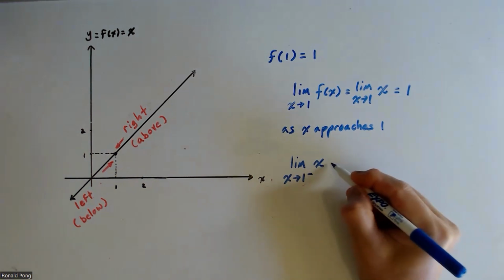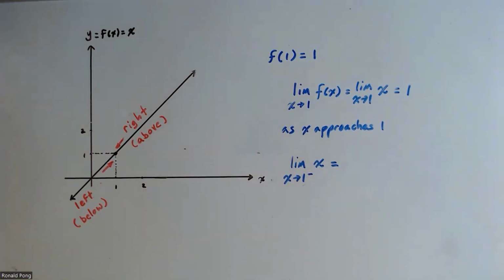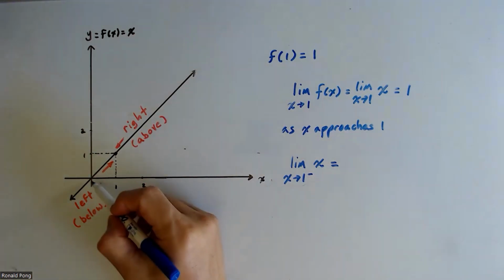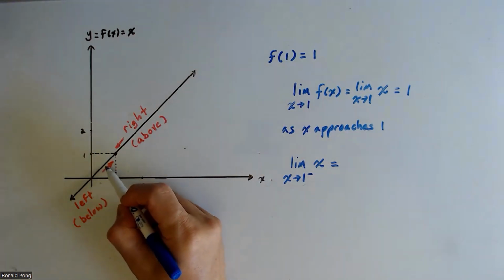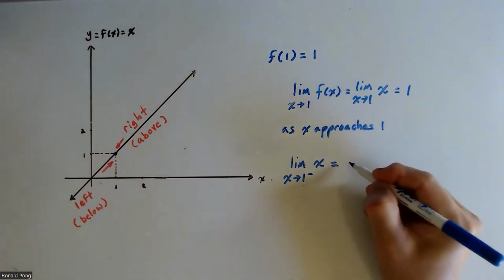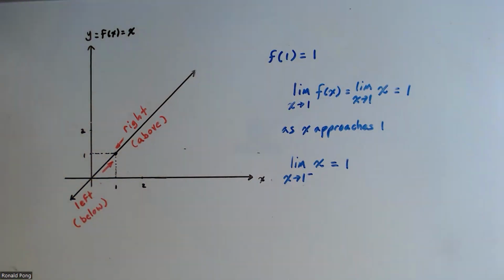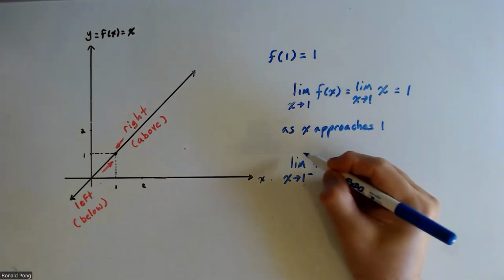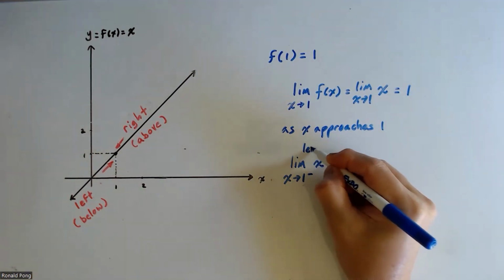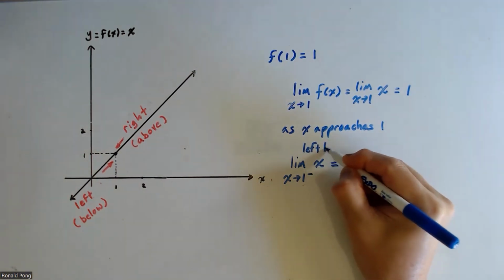Again, we can write the expression for a function x, and we can see from the graph, as I approach from the left, we are going to get close to the value of 1. We call this a left-handed limit.